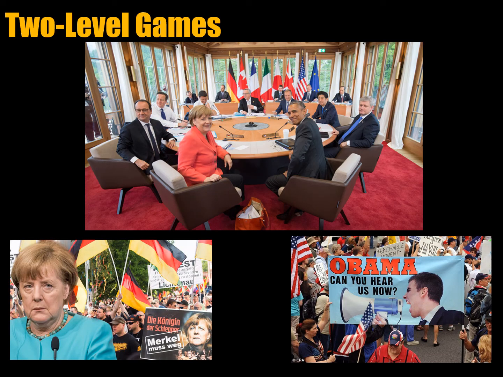One type of application of game theory is the two-level game. For state leaders, interstate negotiations are most often made more complicated because leaders are playing two games at the same time. They're playing a prisoner's dilemma against the opposing state. They're trying to play a game in which there's opportunities for exploitation, like in economic negotiations, the dumping of goods on a market, for example.